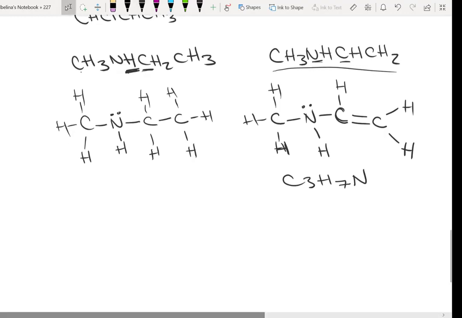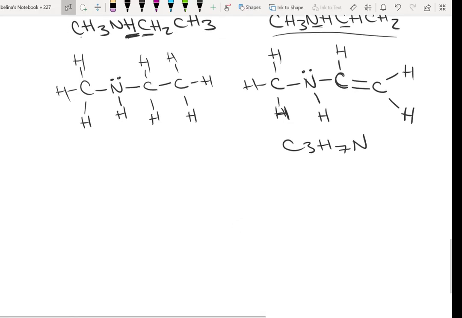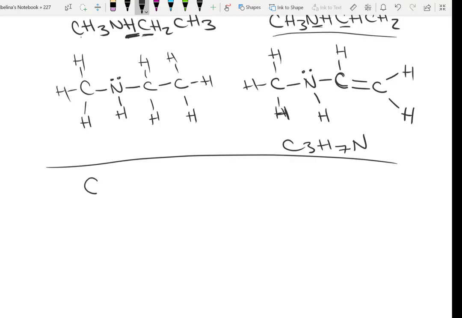Oh, actually, this formula is too short. You can't draw any more isomers there. We need more carbons and hydrogens. Okay, so that's your nitrogen with zero formal charge. We're still not including any formal charges. You definitely want to get comfortable with your carbons having 4 bonds, your nitrogen 3 bonds and a lone pair, and then your oxygens 2 bonds and 2 lone pairs, which will give you a formal charge of 0.